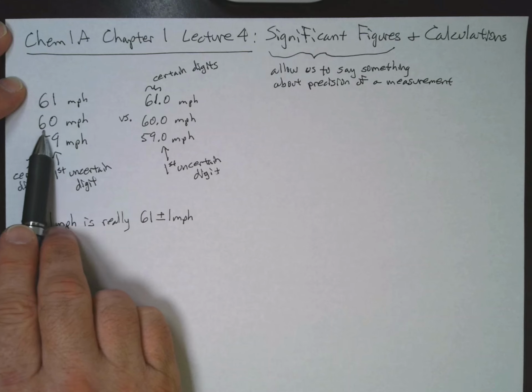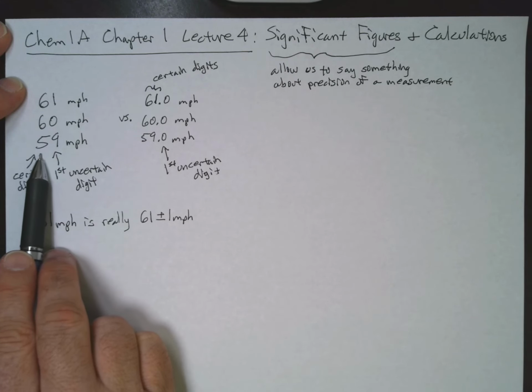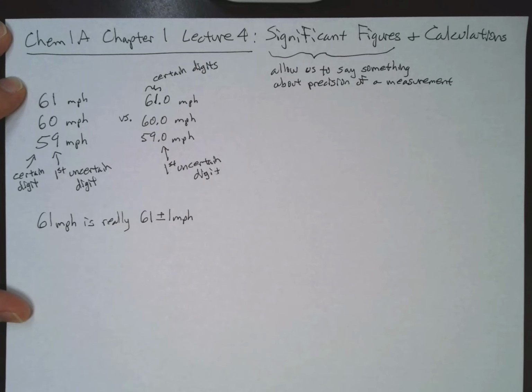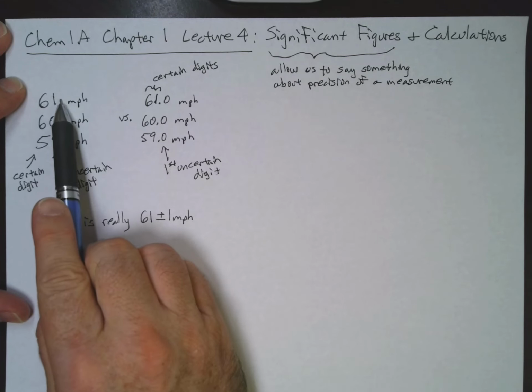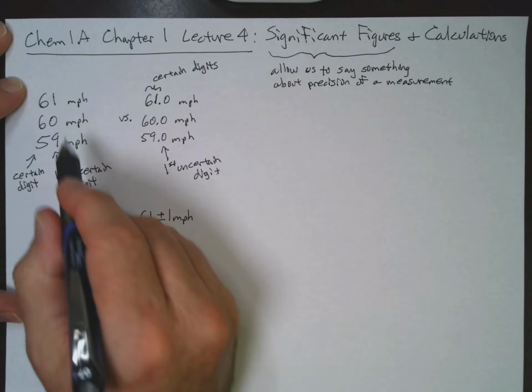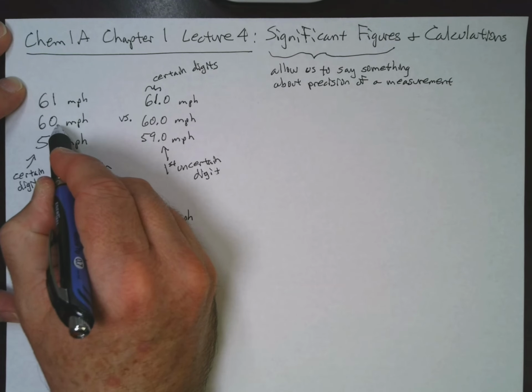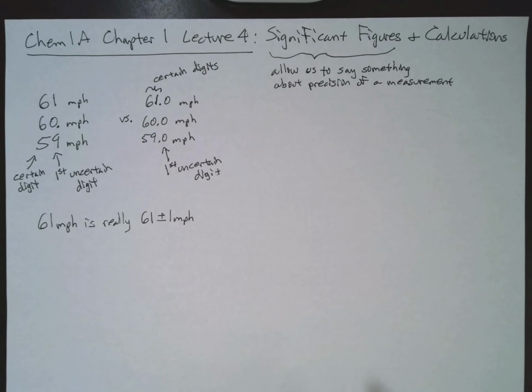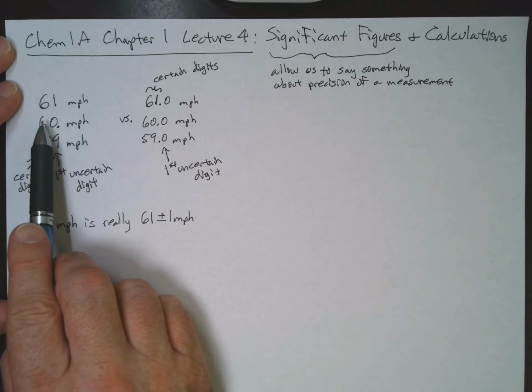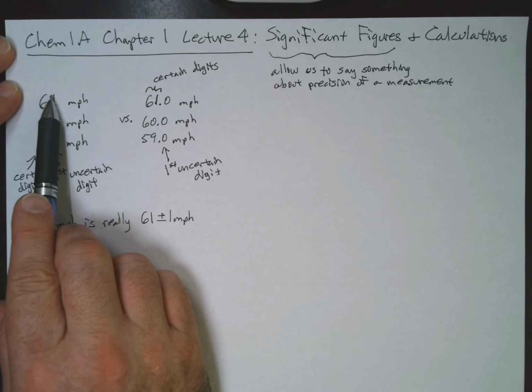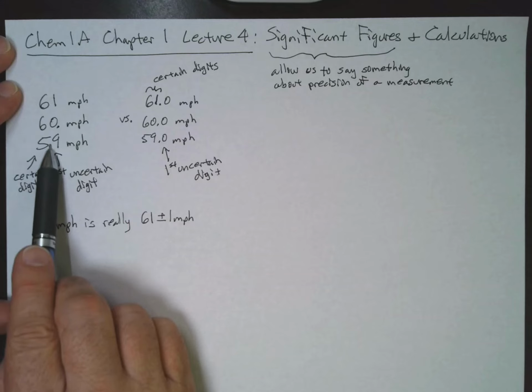And 60 could be 59 or 61. And 59 could be 58 or 60. So when I have only these two significant figures, really I should put a decimal point there, we'll talk about that in a minute. When I have just two significant figures, I really couldn't differentiate between these three measurements.